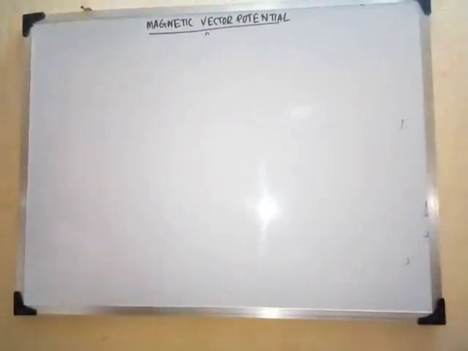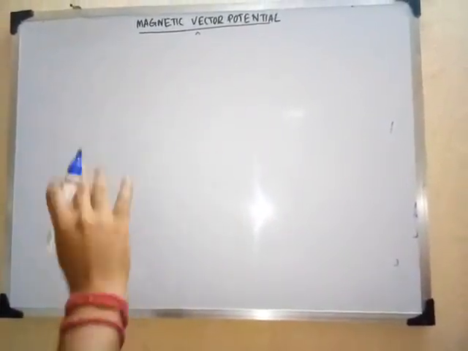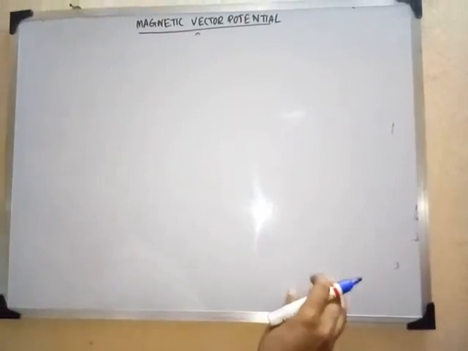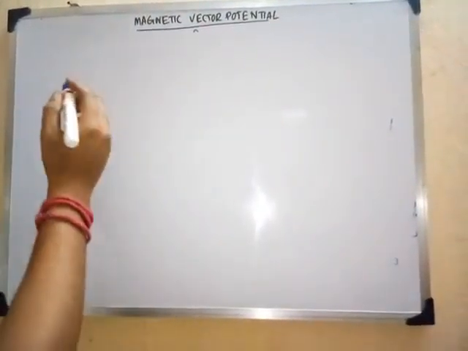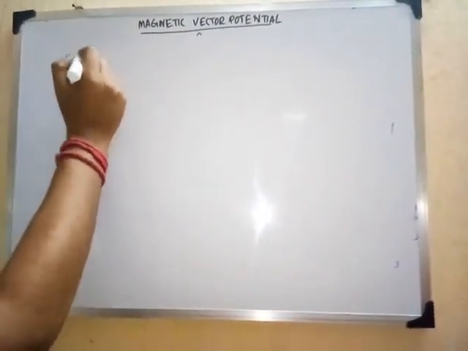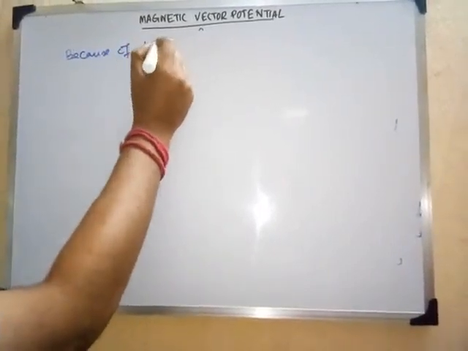Because of this limitation, we need a potential function which will not have such restrictions. The restriction was that it was valid only for J equals to 0, but we don't need that limitation, right?